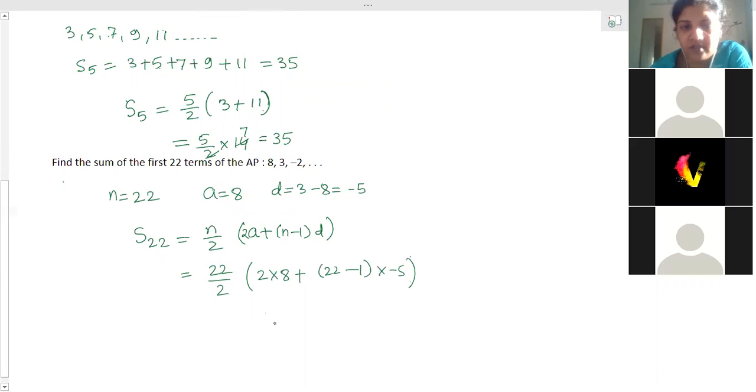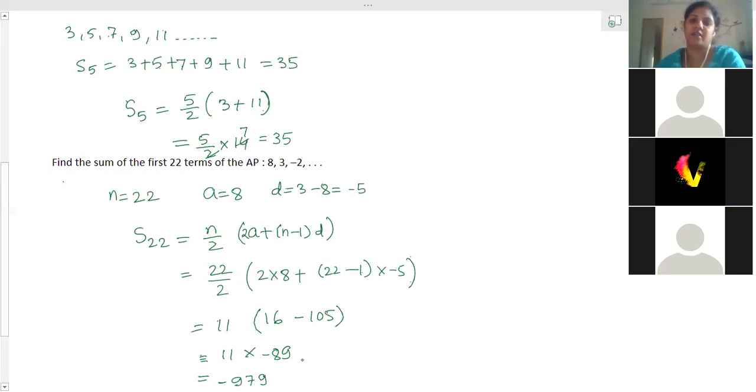So it is 16, 22 minus 1 is 21, 21 into 5 is 105. 16 minus 105 into 11, since 22 by 2 is 11. So 11 into 16 minus 105, that is minus 89. So the answer is minus 979.